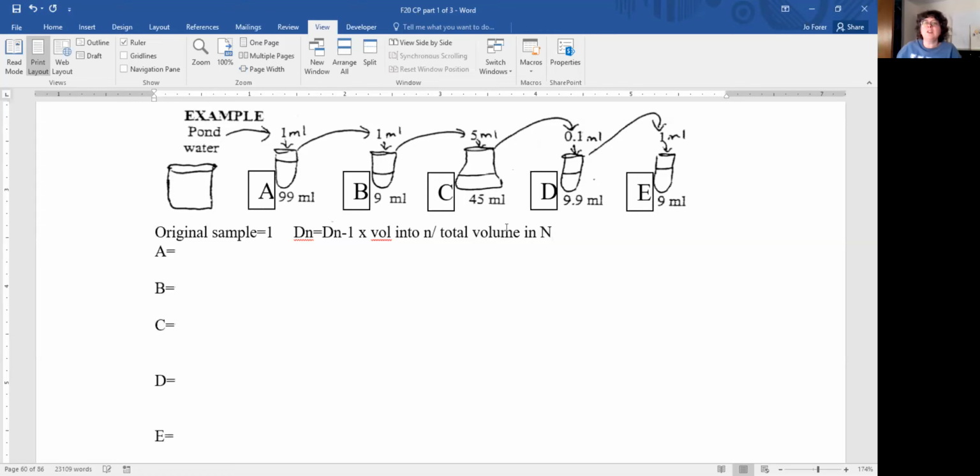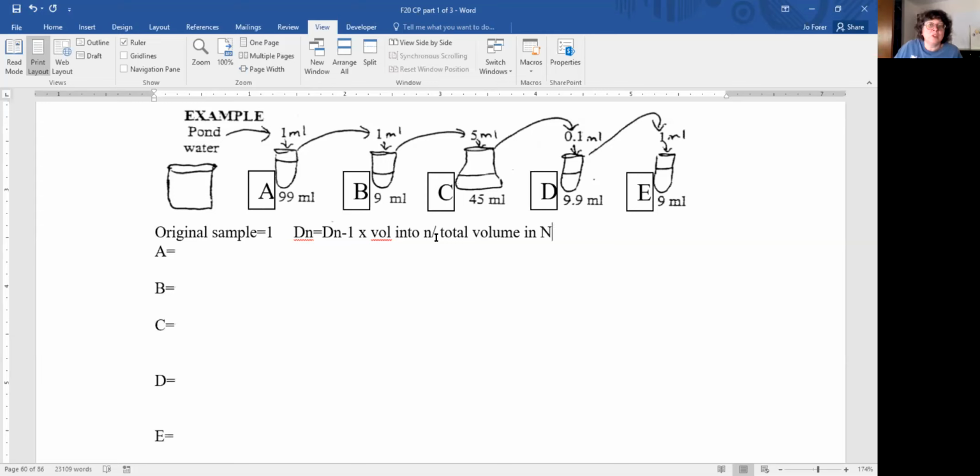Now let's take a look at the dilution series, and you'll see the pattern here is a little complicated because we wanted to go through all the different sorts of dilutions that we normally do in a microbiology lab semester. So the original material, the pond water, we take 1 milliliter of that pond water and we add it to 99 milliliters of sterile liquid.